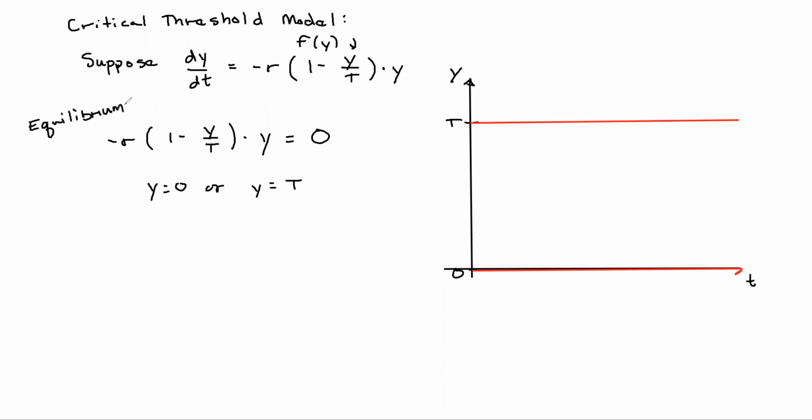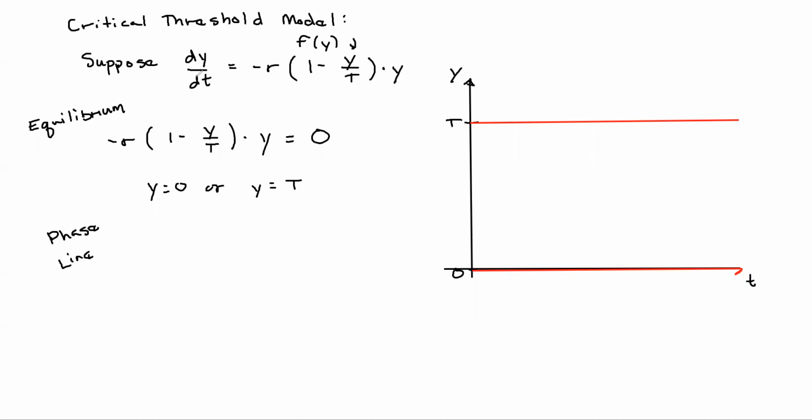Step 2, we want to look at the phase line. All right, so what is the phase line? It's the graph of f of y. It's the graph of the right-hand side here, which is what's equal to dy dt. So this is going to tell us information about dy dt.